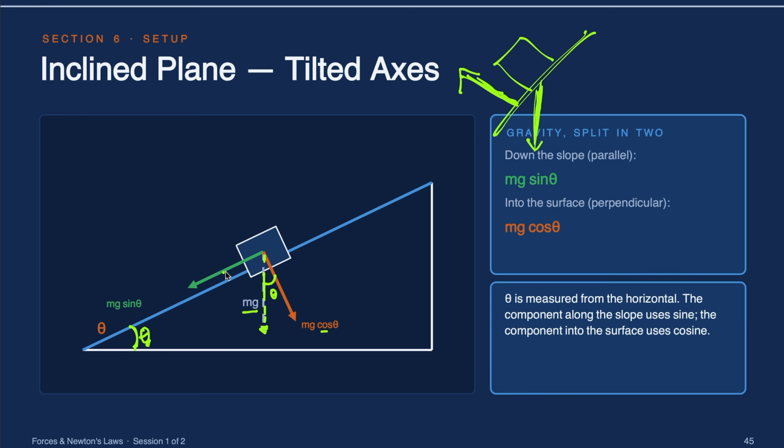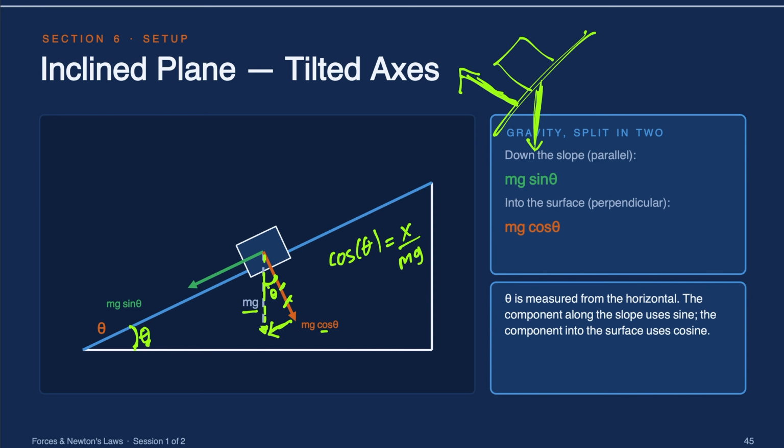And then this sine vector here, you can transpose it here, okay? So the cosine of this angle is going to be equal to adjacent over hypotenuse, right? So what is adjacent here? This thing over mg.